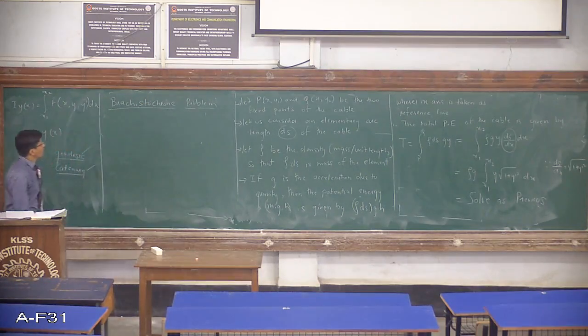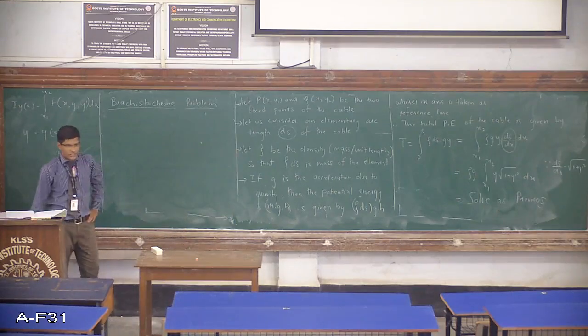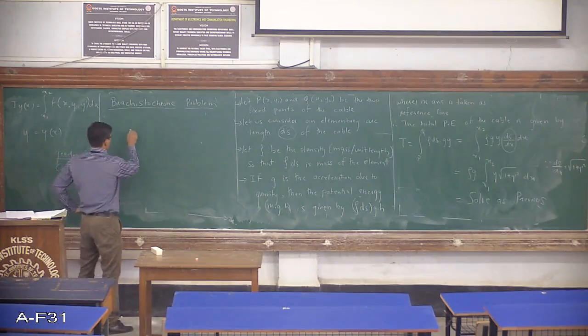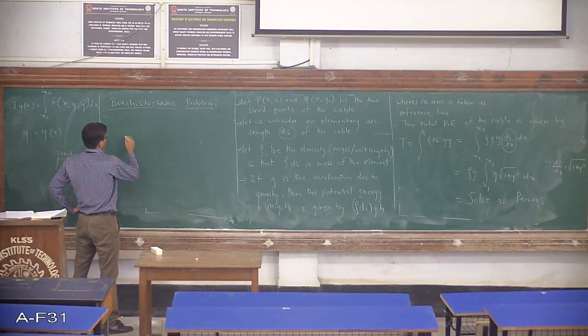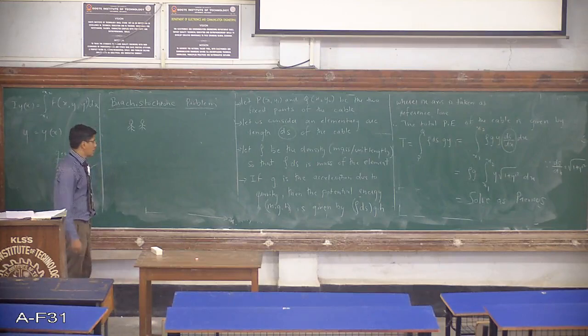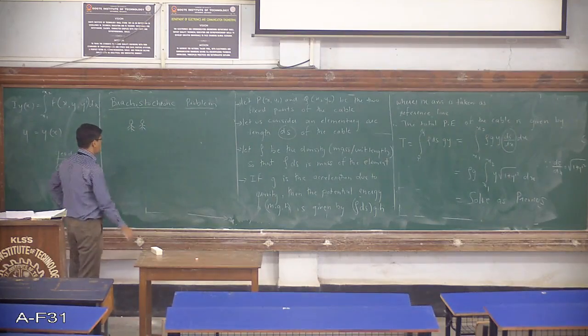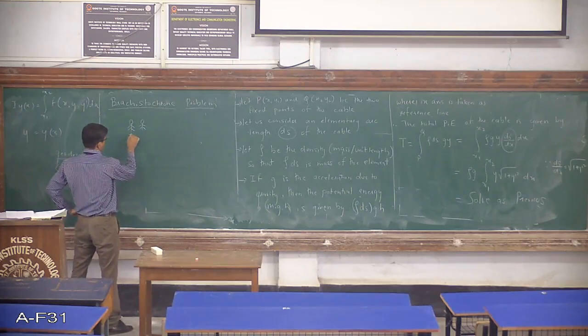Okay, brachistochrone problem. In this problem, let me give you a task. Suppose two friends, let me consider myself and somebody else from this class. In childhood you all have played seesaw, right? So what is the task?